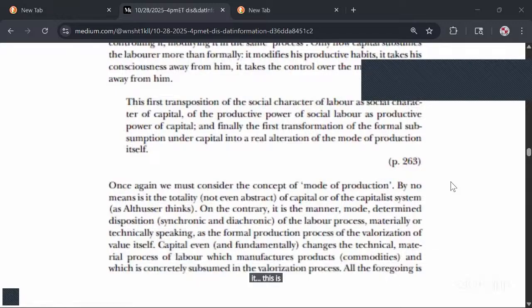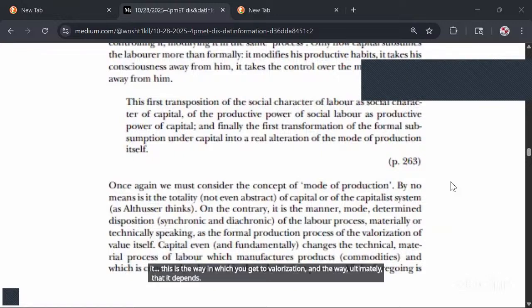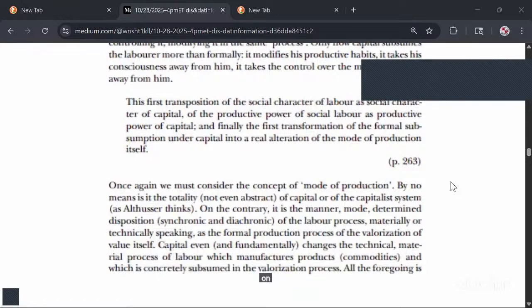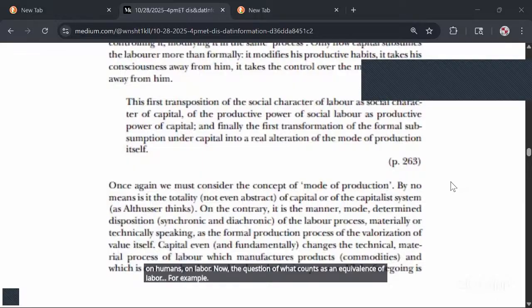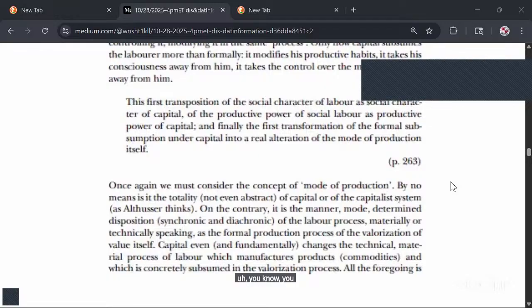This is the way in which you get to valorization, and the way, ultimately, that it depends on humans, on labor. Now, the question of what counts as an equivalence of labor, for example, robots, you kind of want to rethink that.